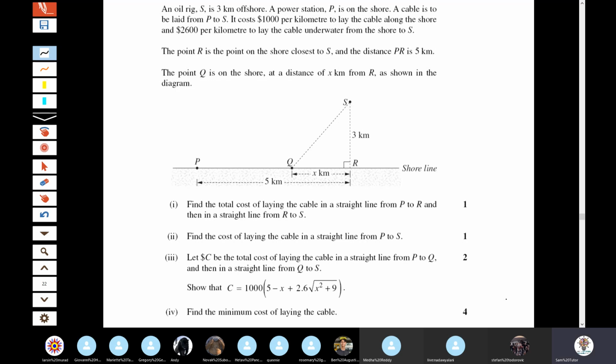Why can't you see that? Because it says P to R is 5 kilometers. And it says if you're going to go along the shore, it's $1,000 per kilometer. And if you're going to go in the sea, which is R to S, 3 kilometers, it's going to be 3 times 2,600.